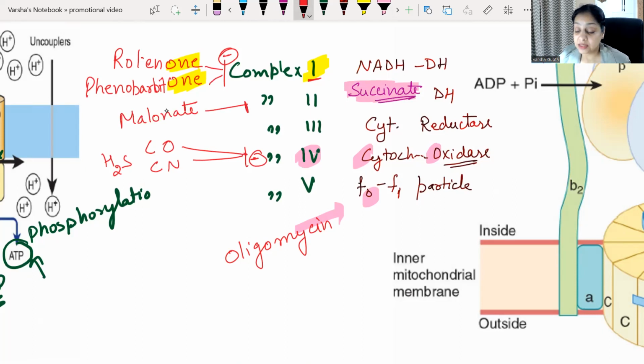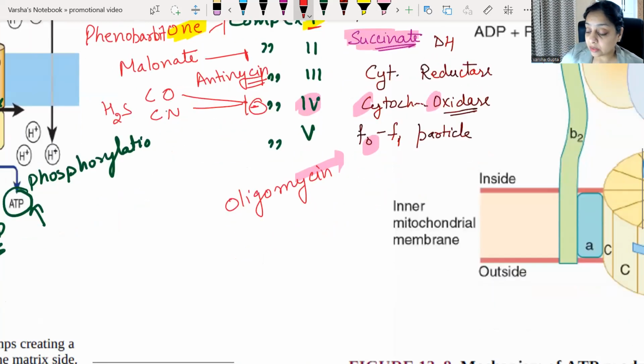She sucks, that is malonate, succinate. Mala sucks, malonate inhibits succinate dehydrogenase. Now, how about 3? Usually not so commonly asked, but that is antimycin. Antimycin is the complex 3 inhibitor. Most commonly asked are the name of complex 4 and the inhibitors of complex 4.